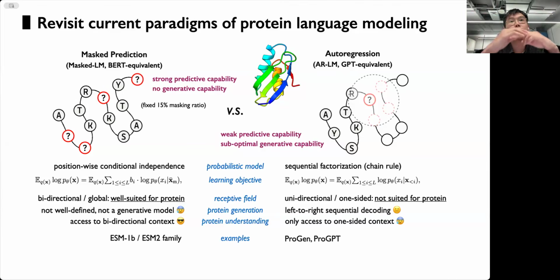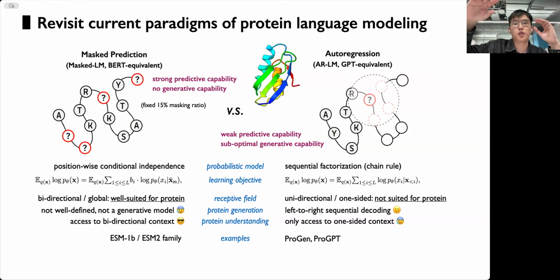We are arguing that these two widely used learning objectives are not necessarily the best paradigms for learning protein sequence data. For example, for masked language modeling, you have ESM, which has very good performance in understanding protein sequences in various predictive tasks, because it has a bidirectional receptive field.